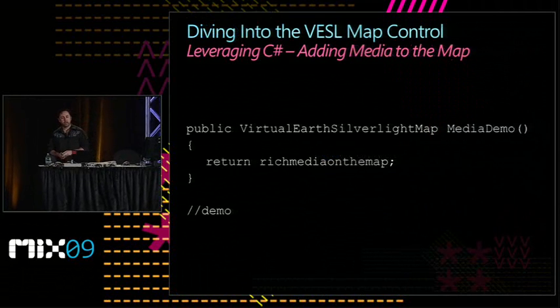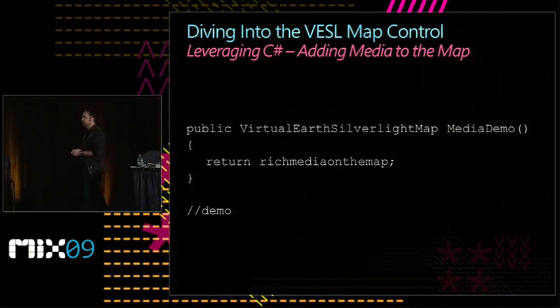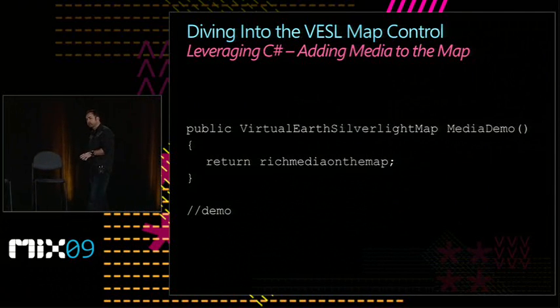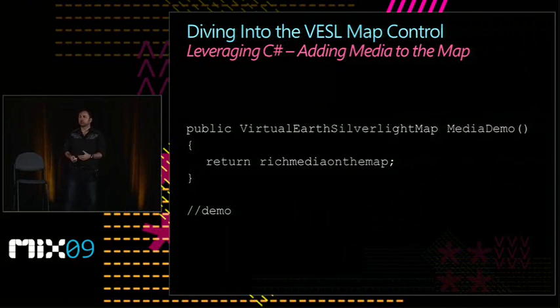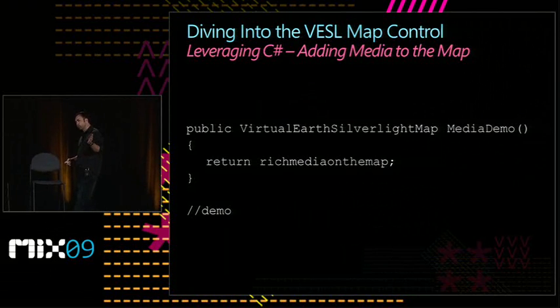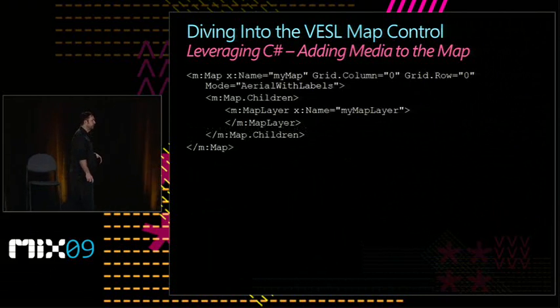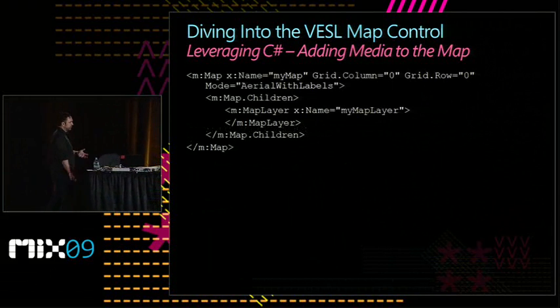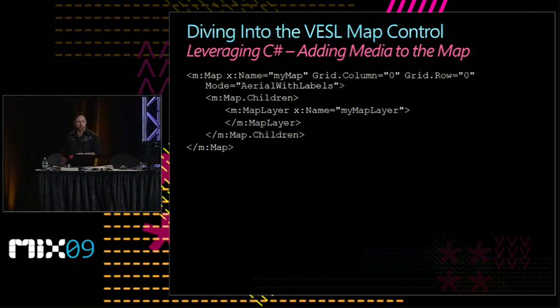All right, so what about adding media to the map? It's a very similar concept, and Silverlight makes it very easy. So when you're adding your push pins or your polygons to the map, you can use an image brush. And using an image brush is fantastic, right? Because now you can shape your images, set the opacity, and fit images and video into places you never could before.